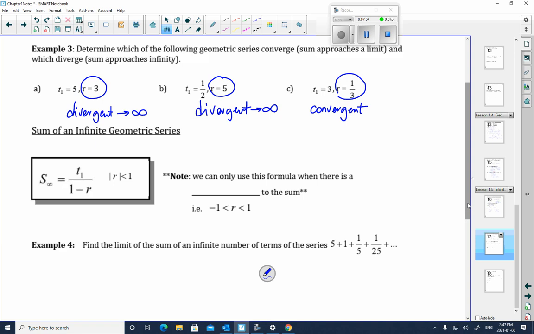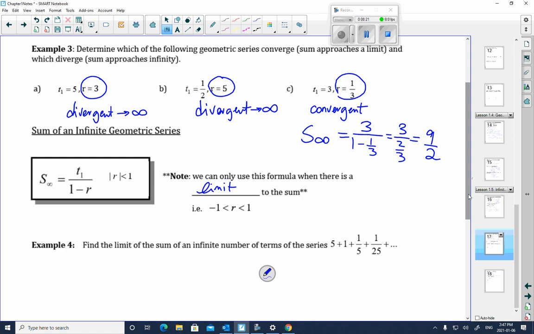We can use this formula for any of these sums, but we can't actually calculate it unless there is a limit to the sum, meaning r has to be between negative 1 and 1. So if I wanted to find the sum to infinity for C, it would be 3 divided by 1 subtract 1/3, which is 3 divided by 2/3, which gives me 9/2.